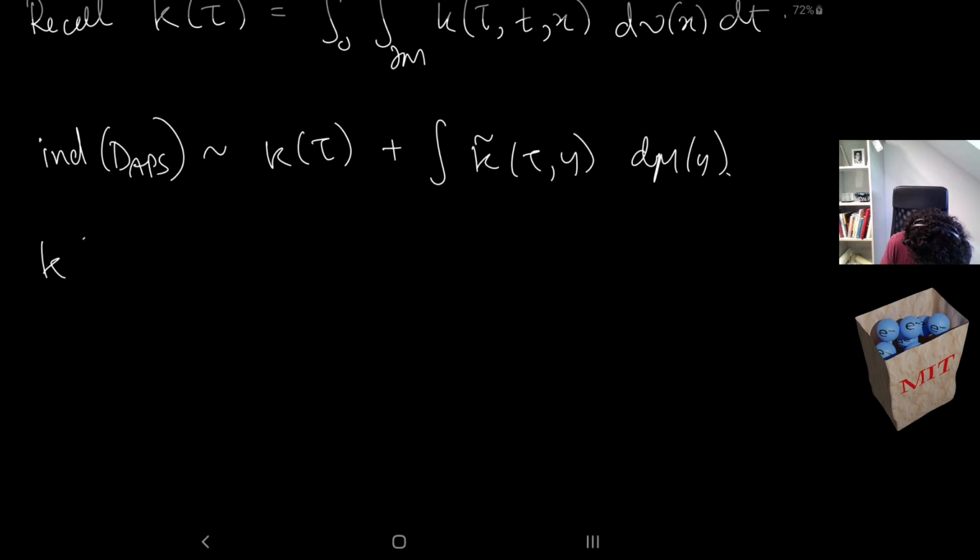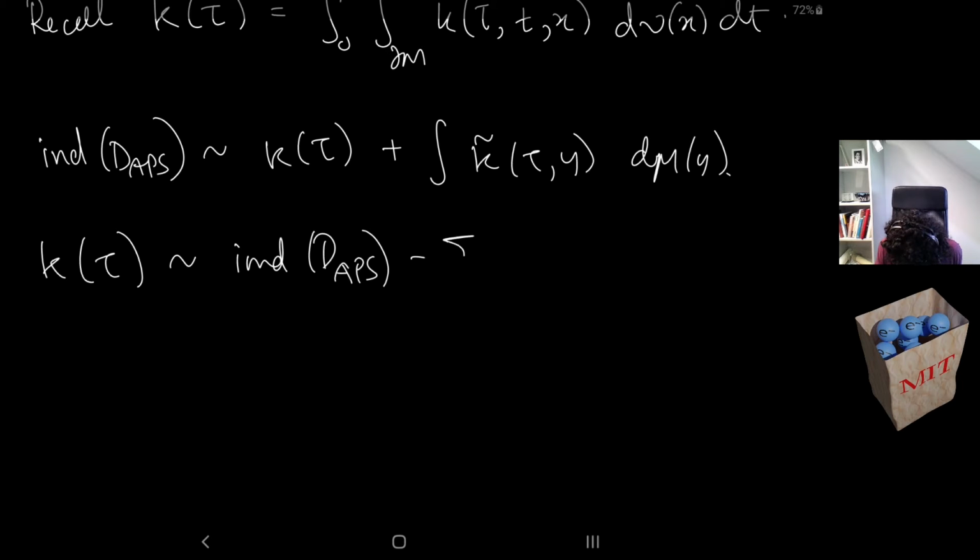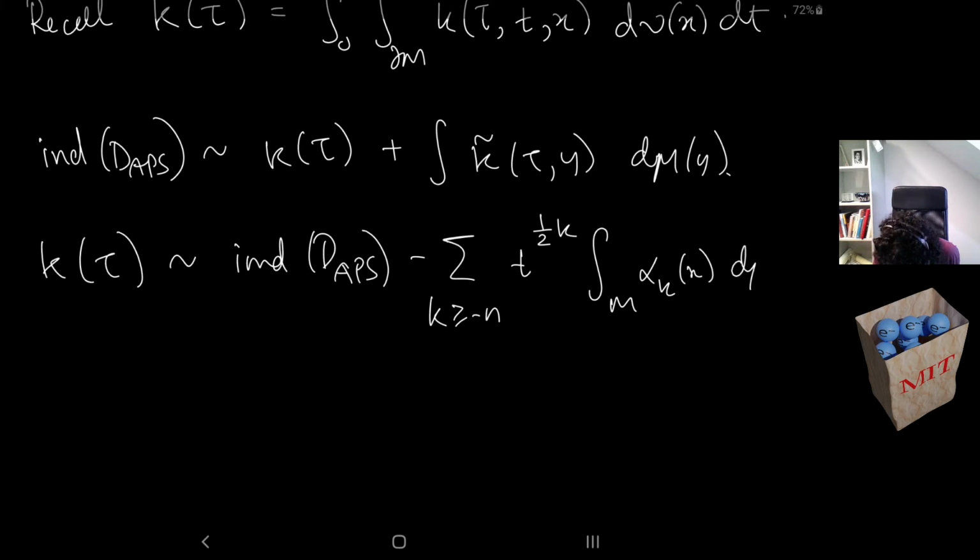And so what does that tell us? That tells us that this k tau is like the index of D APS minus, now we take this expansion of t to a half k, and integrate over alpha k of x d mu of x.